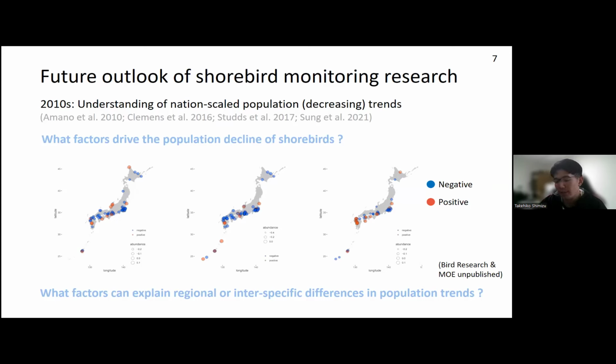And the next step is to seek why the decline happened. For example, even in Japan, some sites experience an increasing trend, but some show a decreasing trend. However, those regional differences in population trend cannot be explained yet, not only for shorebird species, but also for other species in the world.